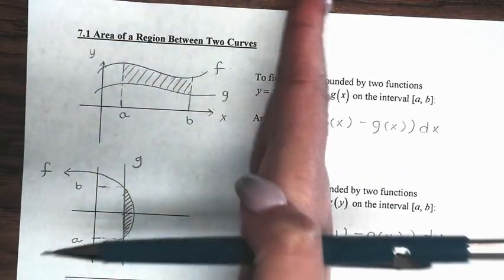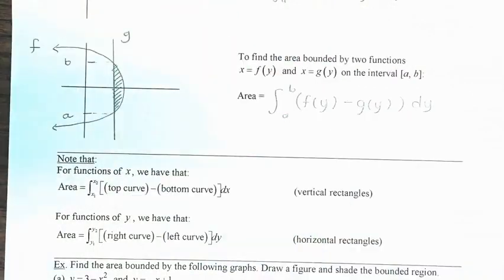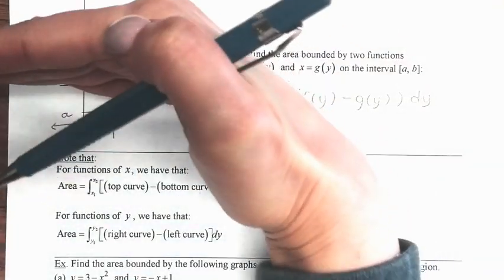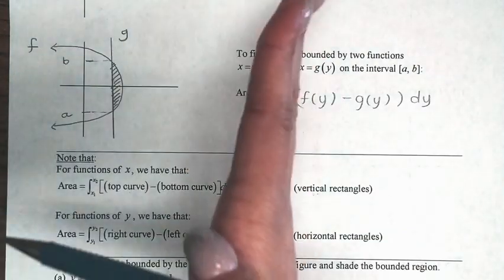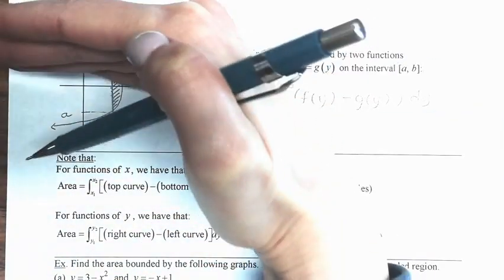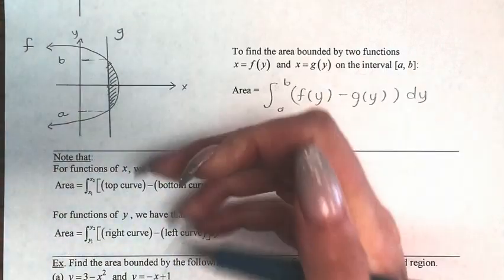The rectangles are vertical. If you have horizontal rectangles, you have the same situation, but this is the new case. Your rectangles, instead of being vertical, are going to be horizontal. They are going to be parallel to the x-axis. So that's the main thing here.